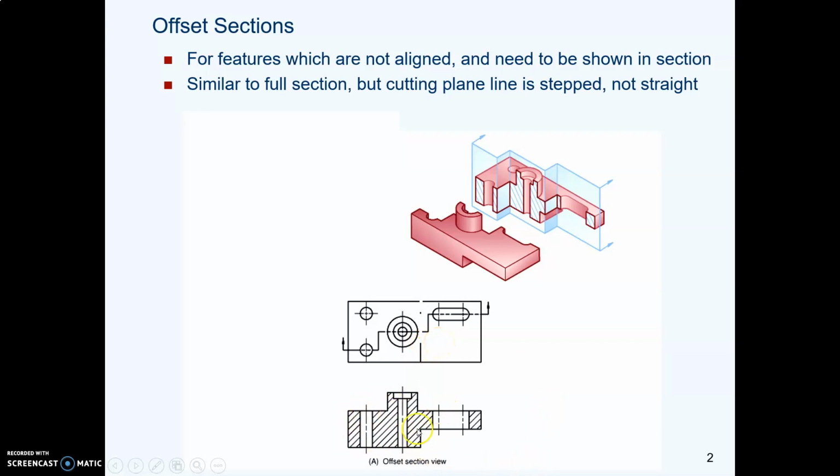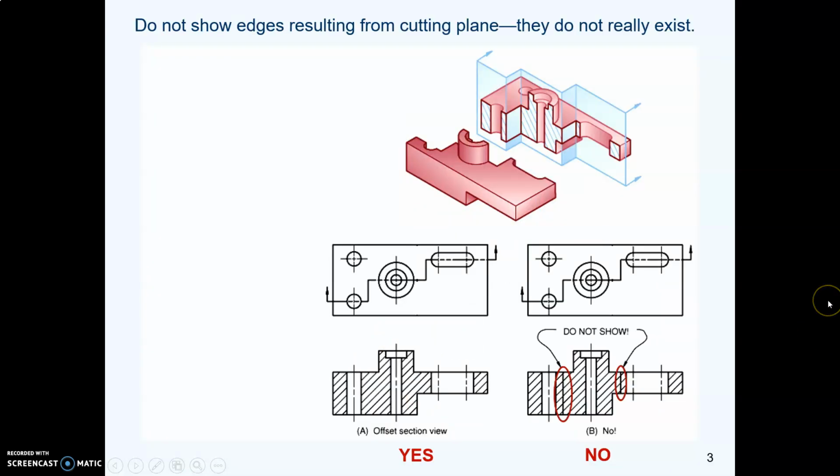Notice how in the section view we do not see any edges from that cutting plane line. You are just showing the material that the saw blade cut through with your hatching, but you are not showing any edges.